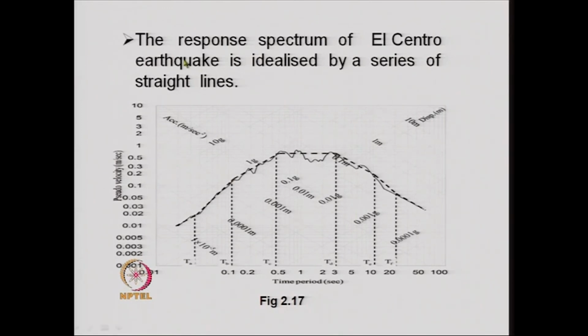Now, what has been done is that the smooth response spectrum that we get for a particular earthquake, in this case the El Centro earthquake, has been further idealized by a number of straight lines, which are represented by the dotted lines over here.